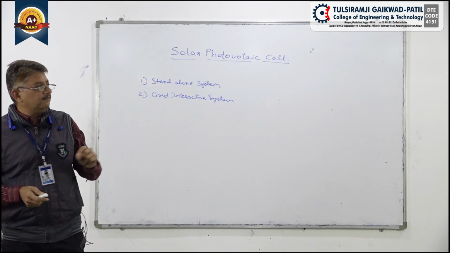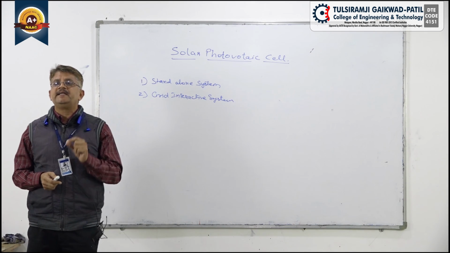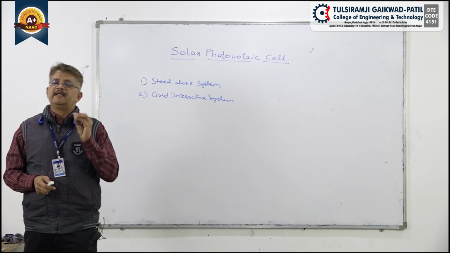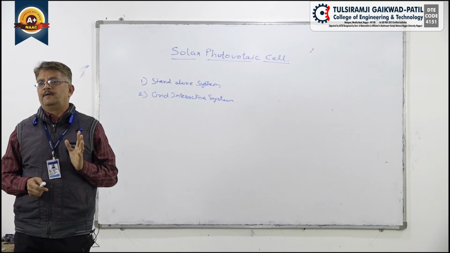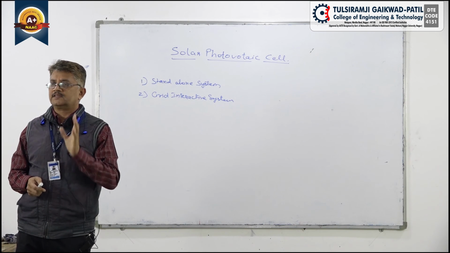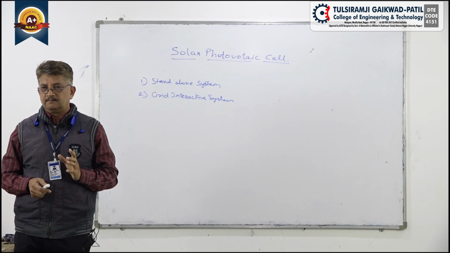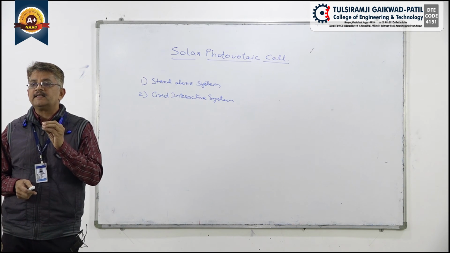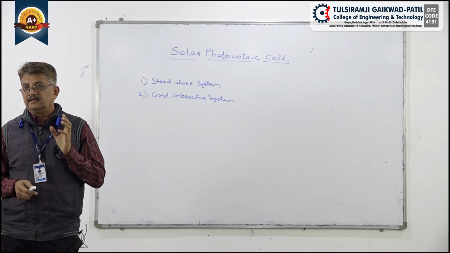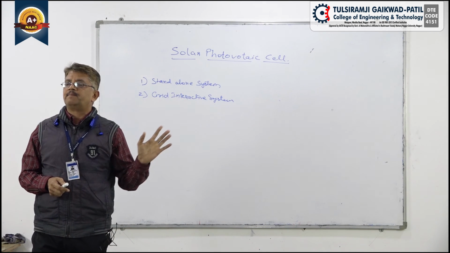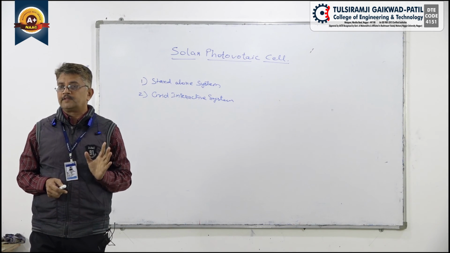So today we will go slightly into the interior of the panel, because that is the most important component of any type of system, whether you consider a standalone system or a grid interactive system. What this panel consists of and how it works is important, as it is one of the major components for both types of system.